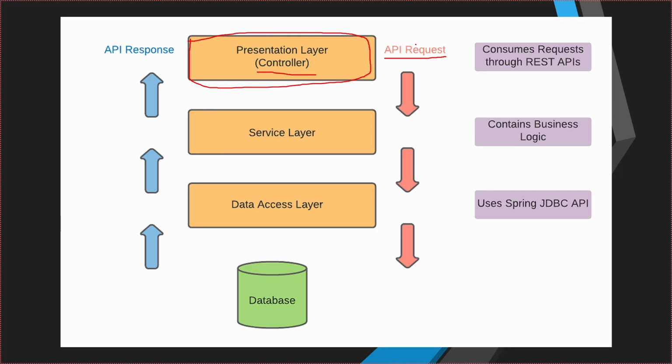So it consumes the API request through REST APIs and then it passes the control to the service layer. The service layer is where we have all the business logic written, and then we go to the data layer and connect to the database. In our lectures, we will be using the MySQL database.